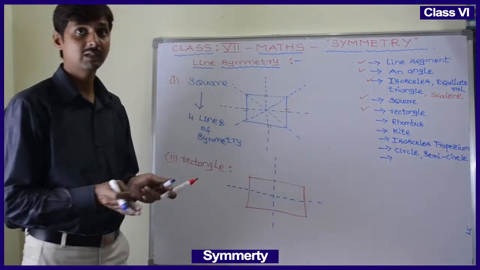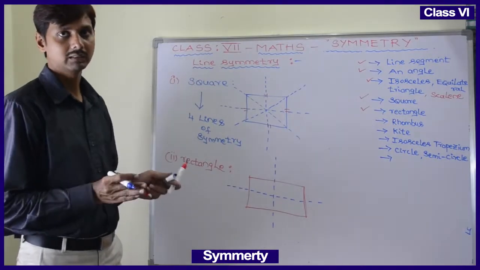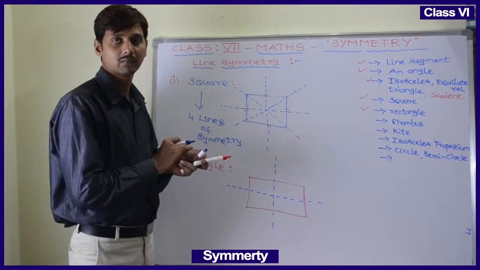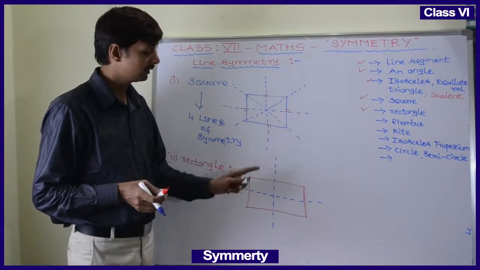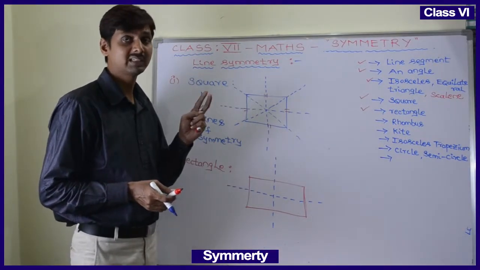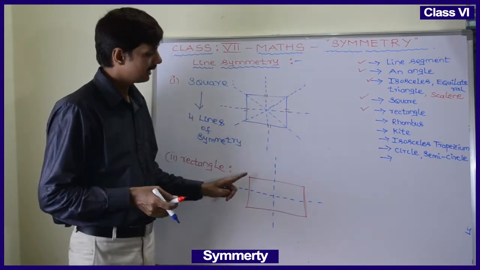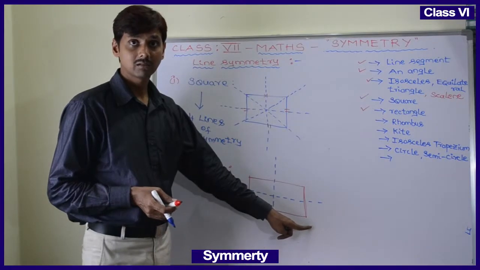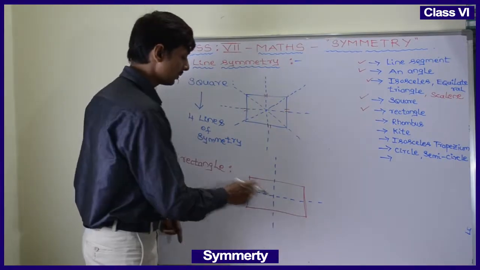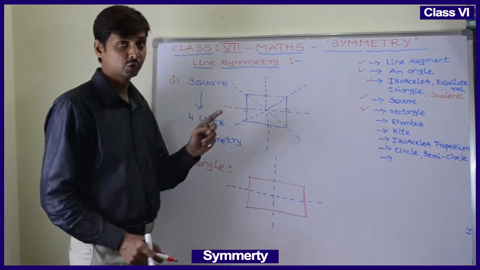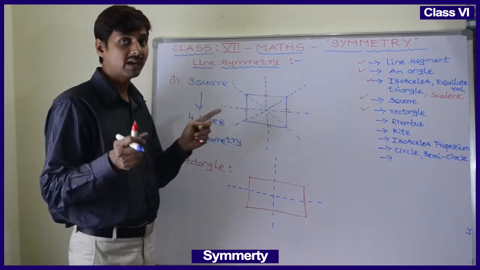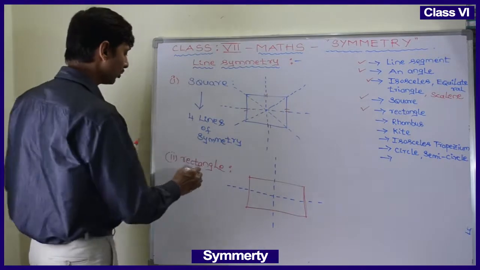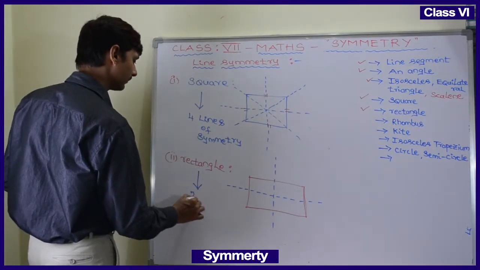This also will divide into two equal parts, and the two parts coincide each other when we fold the figure along the line. So here we got two lines of symmetry for a rectangle. When we try to draw along the diagonals, along two opposite vertices, it divides into two equal parts, but the two parts will not coincide each other. So there are only two lines of symmetry for a rectangle.